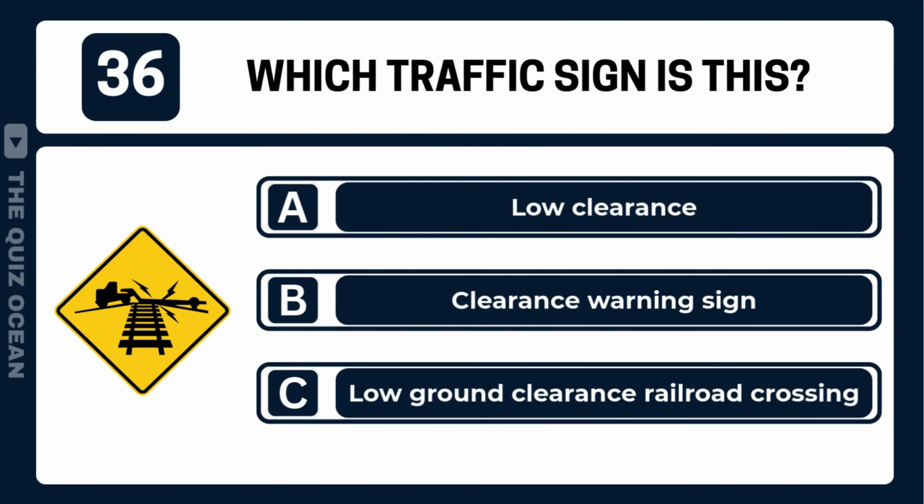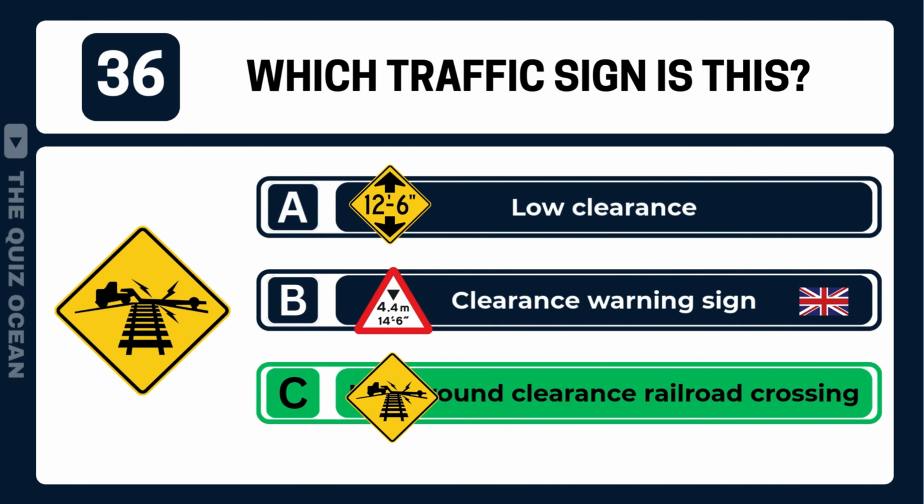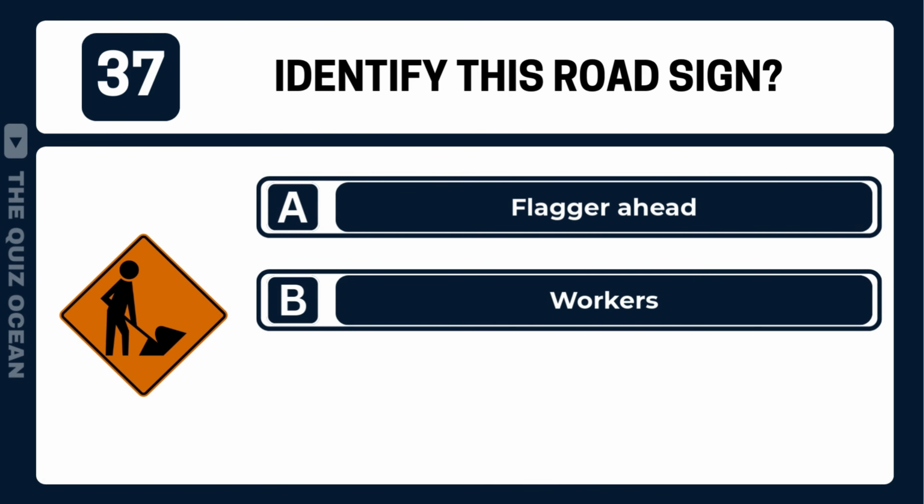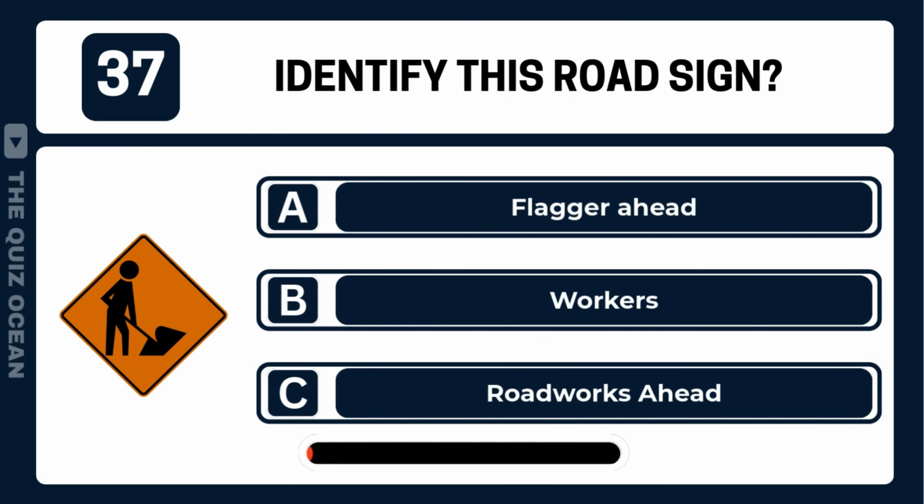Question 36. Which traffic sign is this? The answer is C. Low ground clearance railroad crossing. Question 37. Identify this road sign.